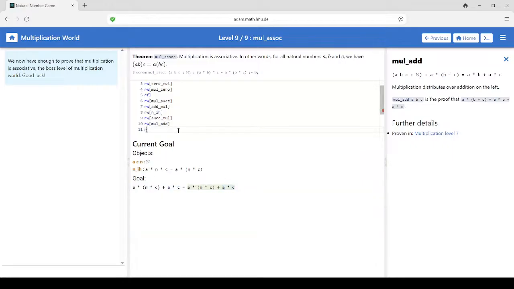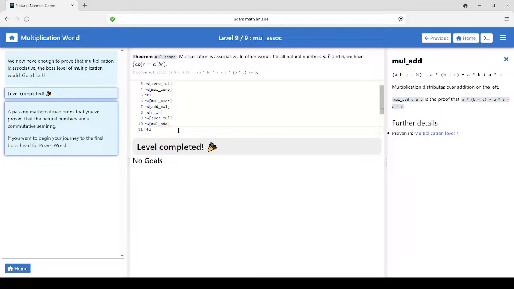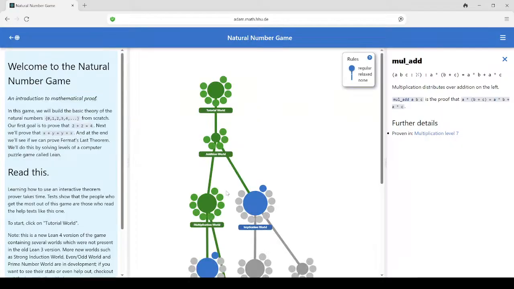Same thing on both sides. Okay. All right.